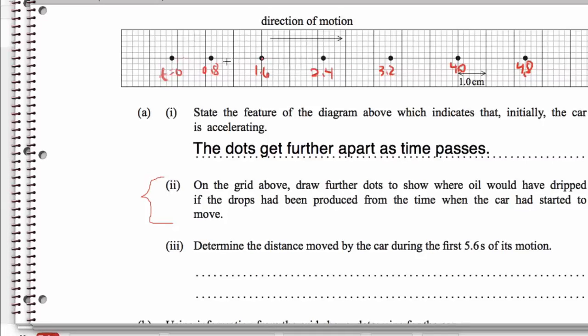Or we can count like this: 5, 10, 15, 20, 25, 30, 35, 40, 45, 50, 55, 60, 65, 70, 71, 2, 3, 4, 5. So we've got 15 centimeters worth of squares. I counted off 15 squares.